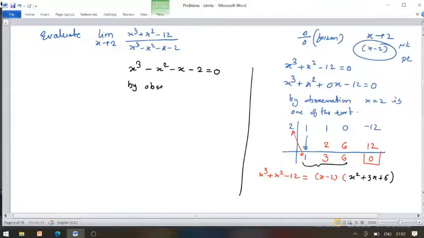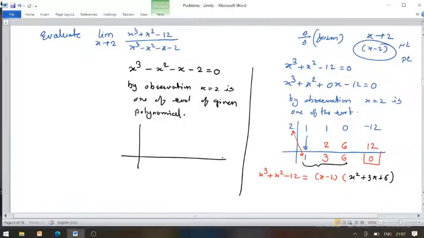So by observation, x minus 2 is one of the factors, means x is equals to 2 is one of the roots of the given polynomial. So other roots or maybe the factors are found out by using synthetic division. Now coefficient of x cube is 1, coefficient of x square is minus 1, coefficient of x is minus 1 and the constant we have minus of 2.